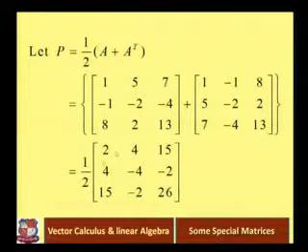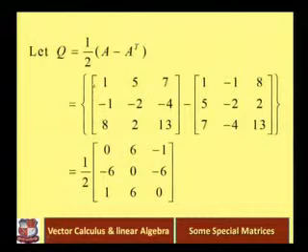26], is a symmetric matrix. Now find the skew-symmetric matrix. For that, take the equation 1/2 (A minus A transpose). This is A, this is A transpose, and 1/2 of these two matrices subtracted.